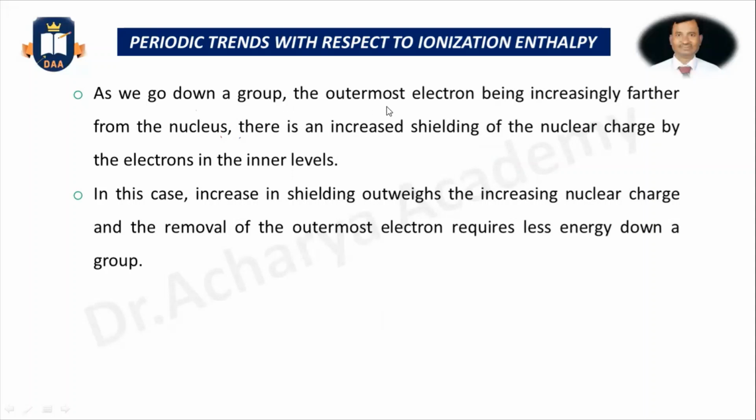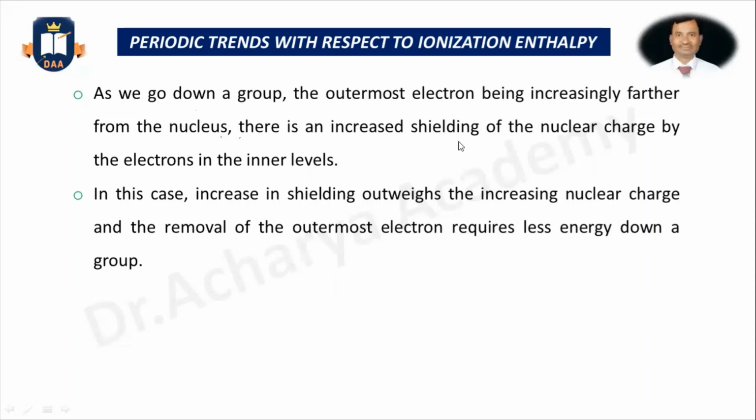Why? The outermost electron is increasingly further from the nucleus. Go down a group, then a new outer shell is entering. So this outer shell is further, that means it has more distance from the nucleus than the element in the group just above this particular element.